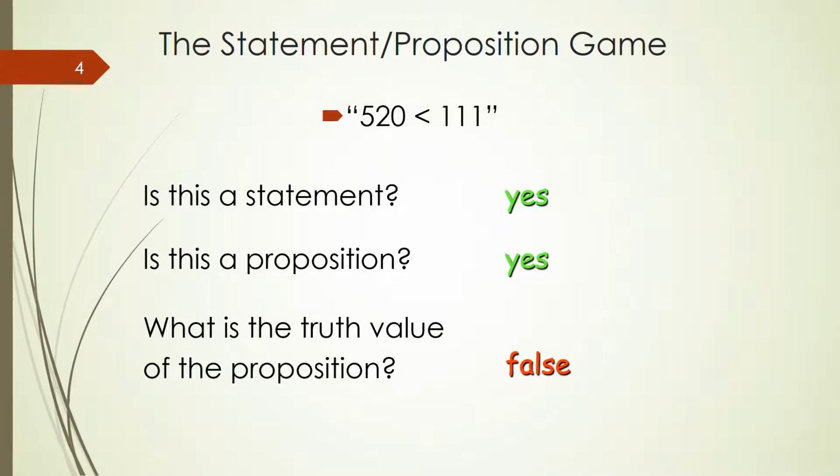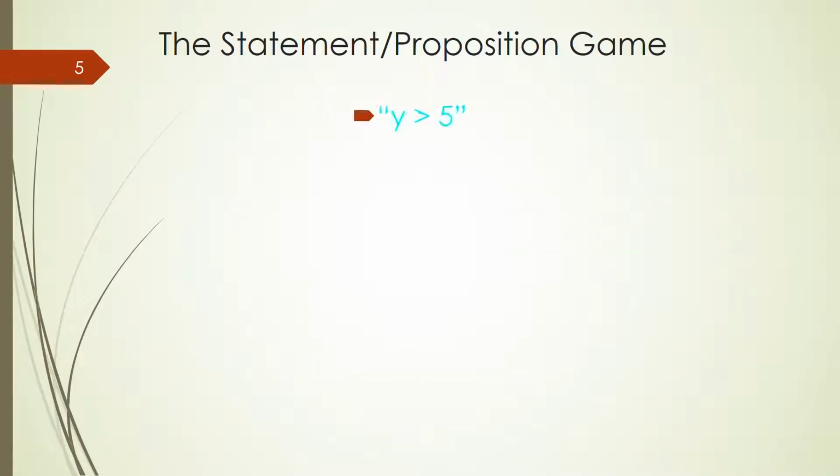Let's see another one. y is greater than 5. So is this a statement? Yes, that is a statement. So it could be a proposition. If it's a proposition, it will have to either be true or false. So is y greater than 5?